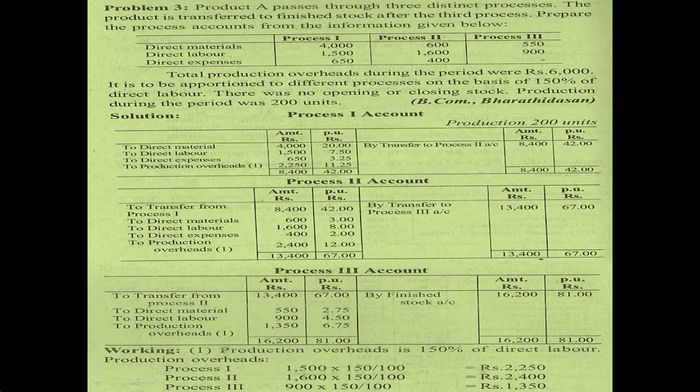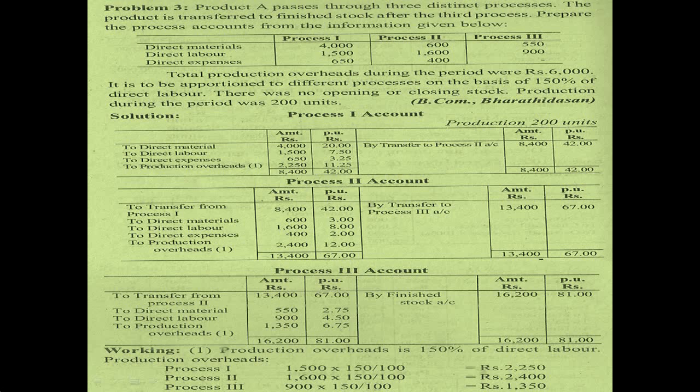Next, process 2. The transfer from process 1 is 42 per unit, and the amount is 8,400. Then direct material 600, direct labor 1,600, direct expenses 400, then production overheads at 150% of direct wages, which comes to 2,400.